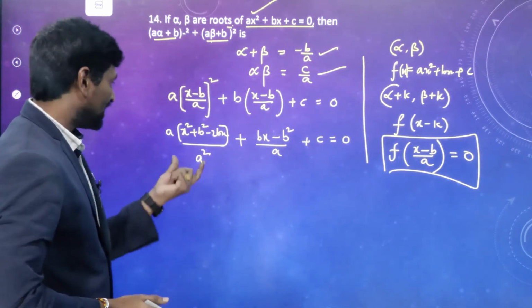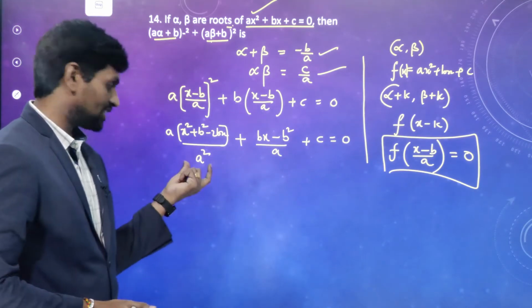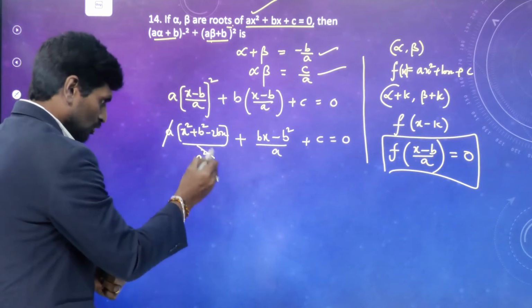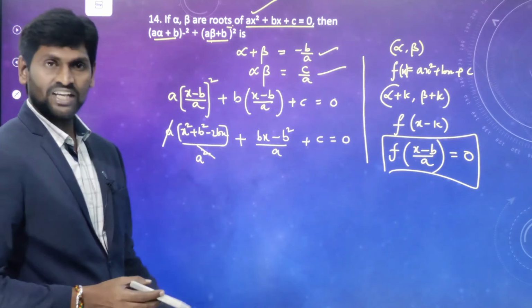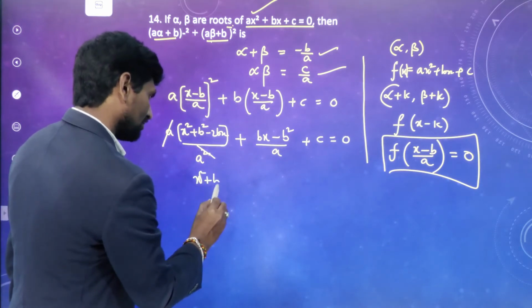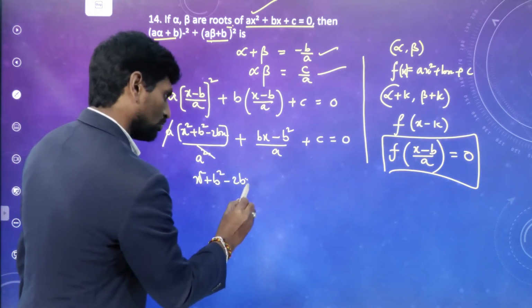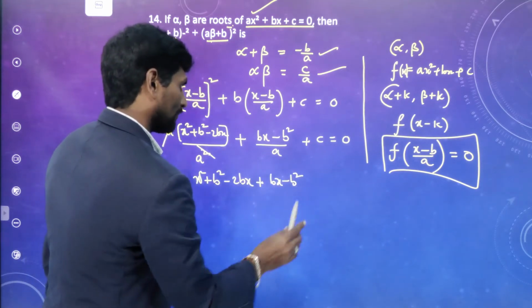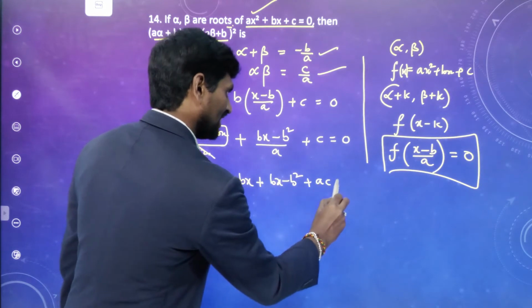Now a square is the denominator with the highest power, so a square and a cancel. The denominator a is the LCM for both of them. Then x square plus b square minus 2bx plus bx minus b square plus ac equals 0.